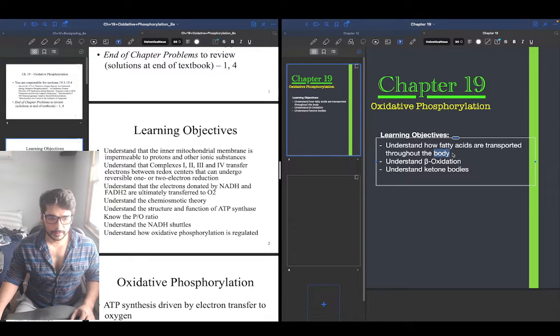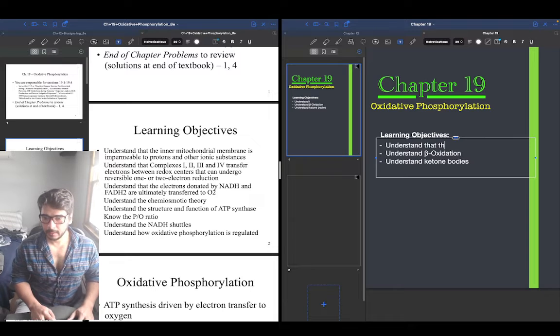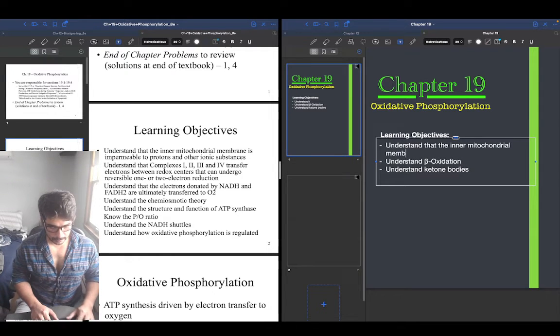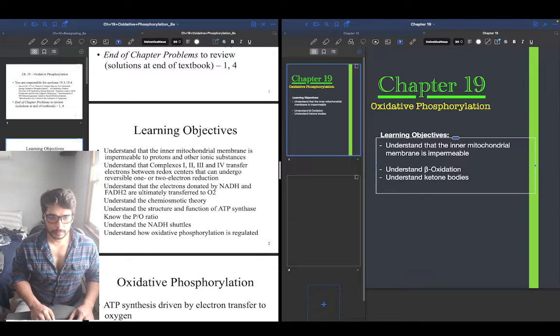So understand that the inner mitochondrial membrane is impermeable to protons and other ionic substances.